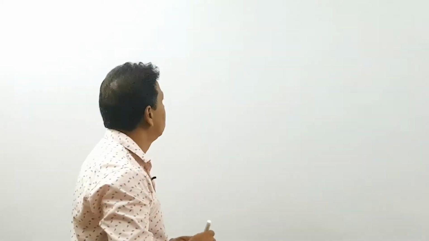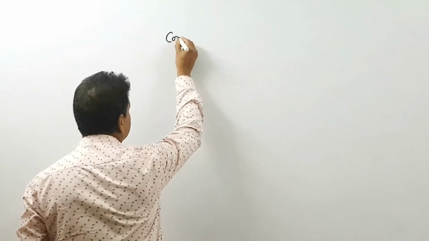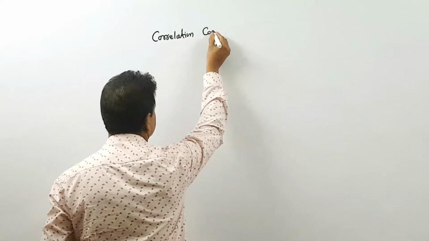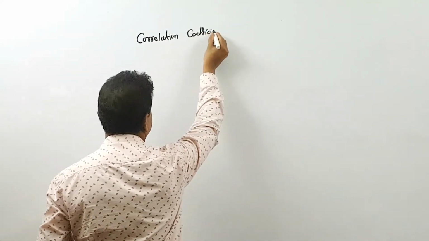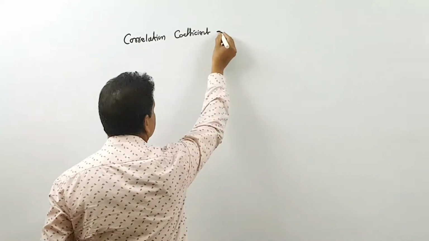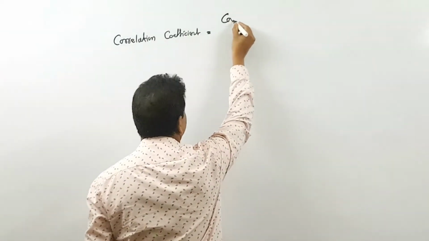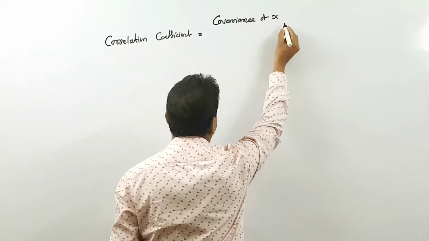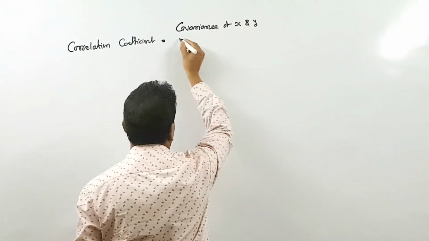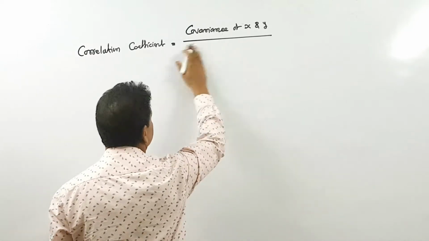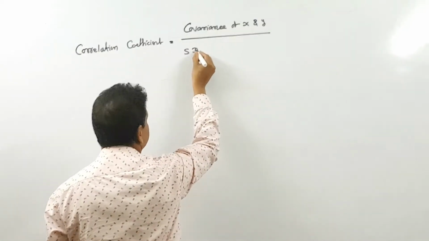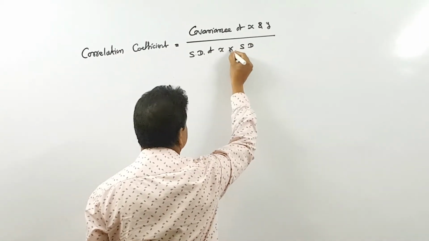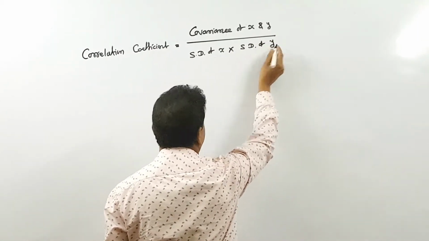My dear friends, here we are going to solve the correlation coefficient, which is equal to the covariance of x and y divided by the standard deviation of x into the standard deviation of y.